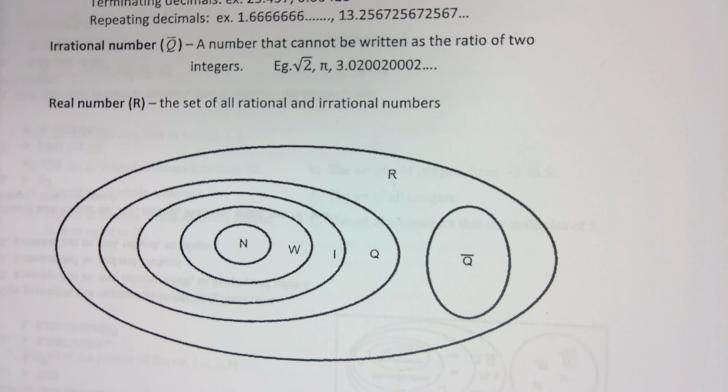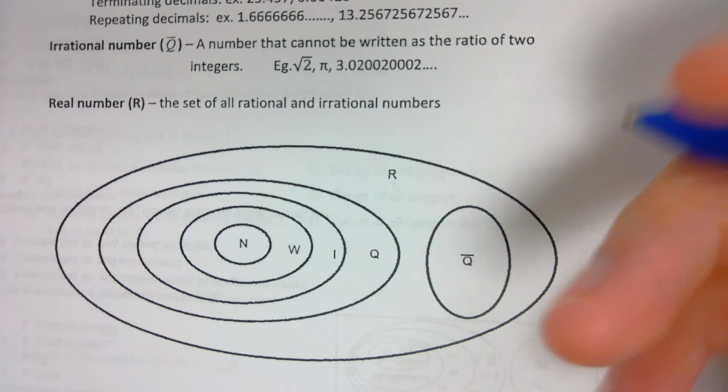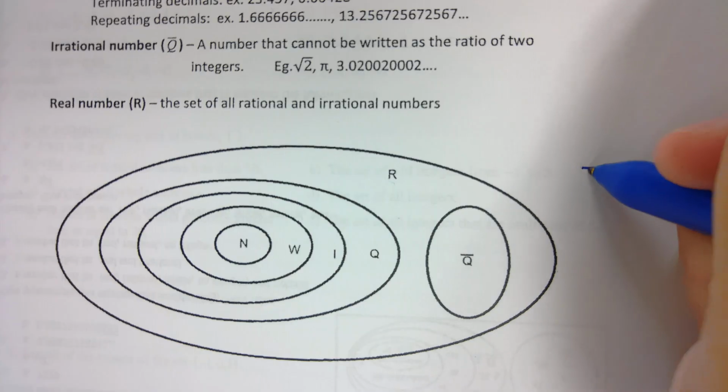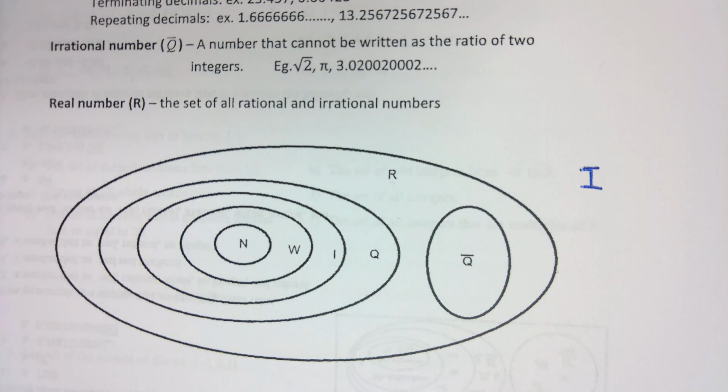Unreal. Yeah, but that sounds so fake. Imaginary. See, doesn't that sound so much more mathematical? So this whole set belongs to the real number set, and opposite to it are the imaginary numbers, on the outside of it.